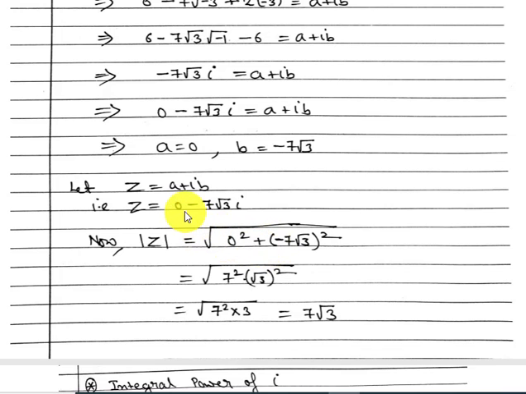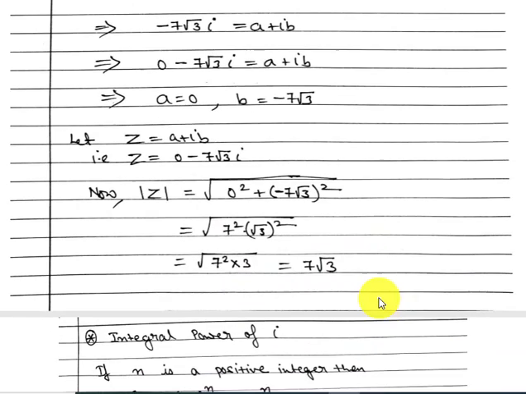So in place of a I have 0, so 0 square plus b square, that means minus 7 root 3 whole square. Simplify it, so you get square root of 7 square into 3. Here we have 7 square, so one 7 will come out and you are left with root 3. So you got the modulus also.